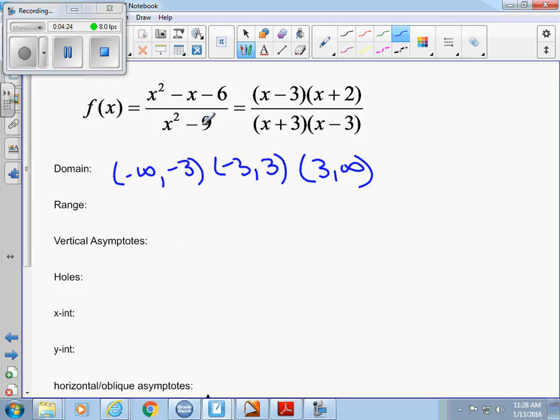Vertical asymptotes. X equals -3. Holes. 3. Good. And how would I find the y value of that? Plug it in. 5/6. Does everyone agree? X-intercept.